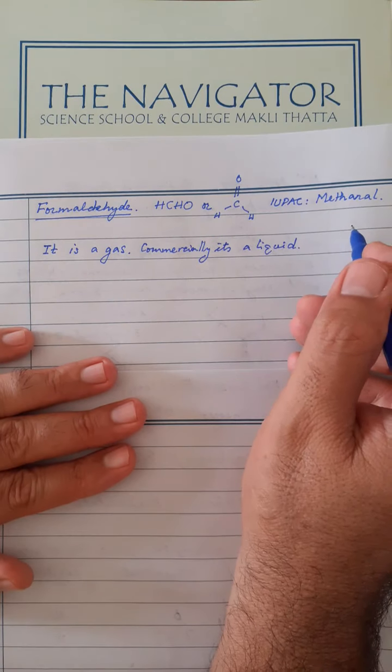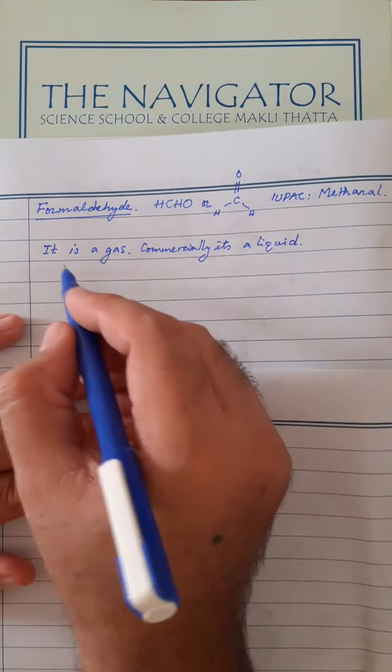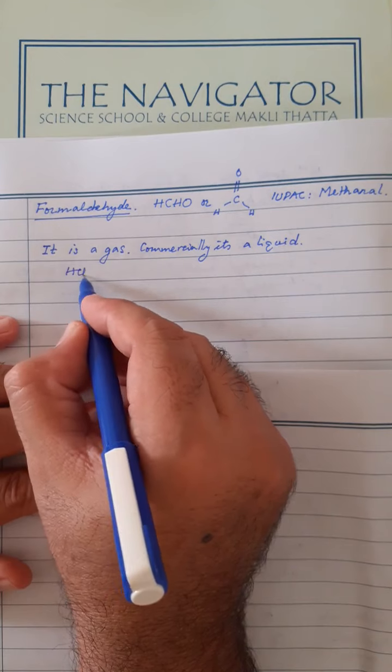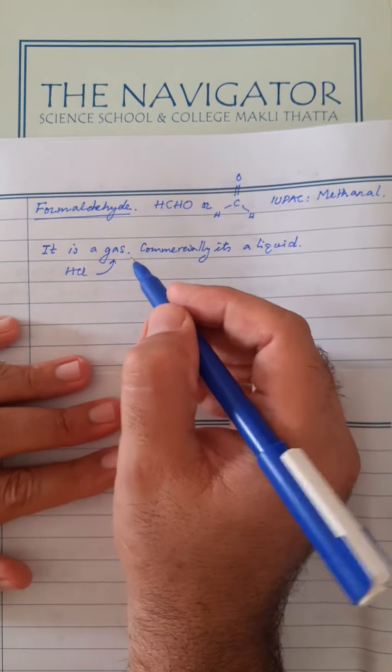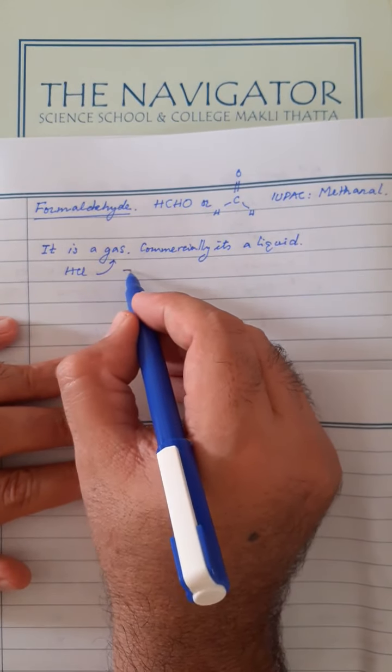So I must tell you that hydrochloric acid, HCl, is also a gas. But what you have seen in the laboratory, it's a liquid. So if in class 9th you have prepared HCl, then you must know that the gas HCl is allowed to absorb in water. When the water absorbs enough HCl, then we call that liquid as HCl, hydrochloric acid liquid.